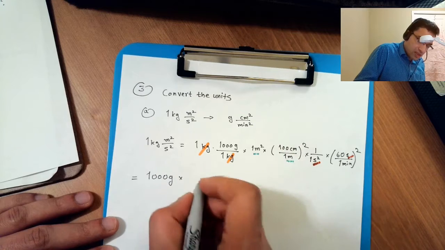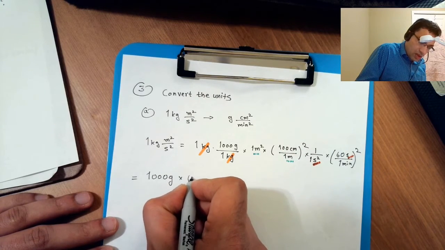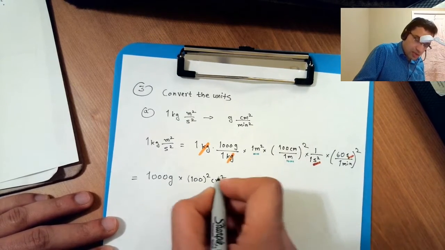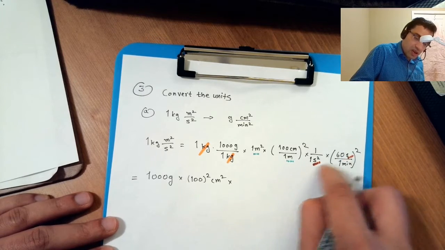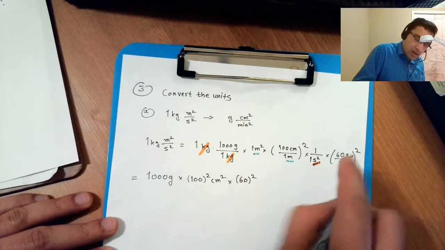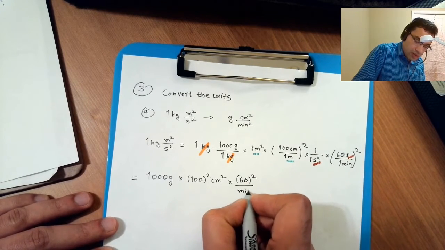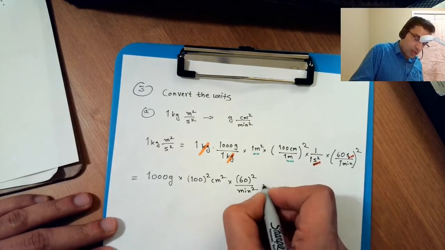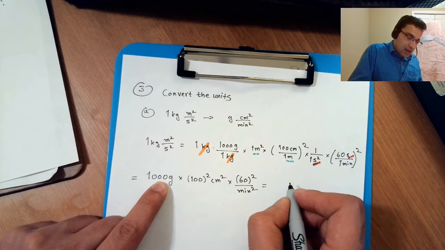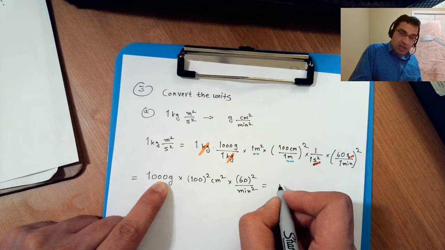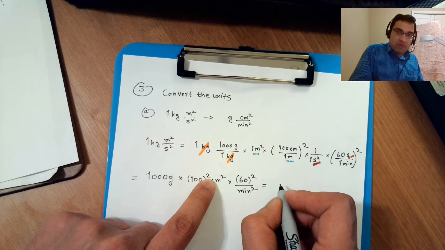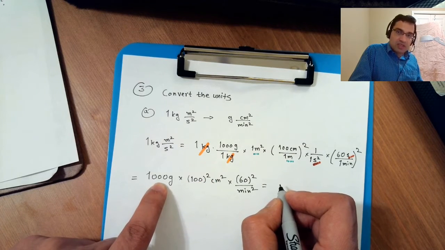So what you have is 100 square centimeter square, times this second square is gone. So what you have is 60 square divided by minute square. In other words, this 1,000 is 10 to the power 3, 100 is 10 to the power 2, but square of that is 10 to the power 4. So 10 to the power 4 multiplied by 1,000 is 10 to the power 7.